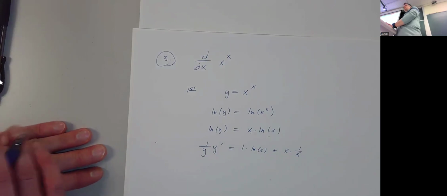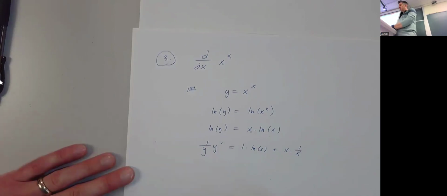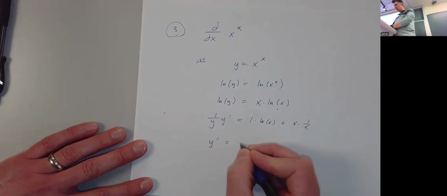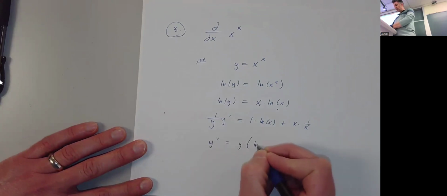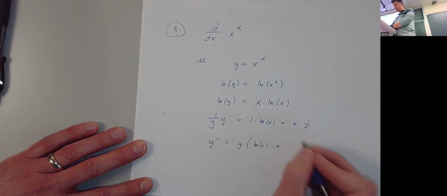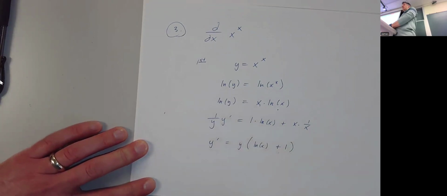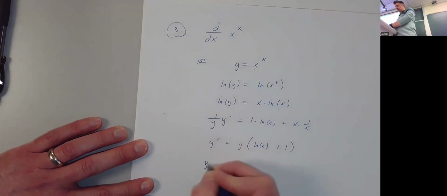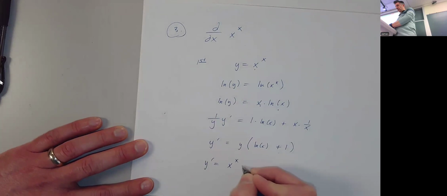I think you can do the last two steps in one step, but I'm going to do two. You can probably skip writing y prime is equal to y times the natural log of x plus 1, and instead jump straight to saying, but I know that y is equal to x to the x, so y prime is equal to x to the x times parentheses the natural log of x plus 1.